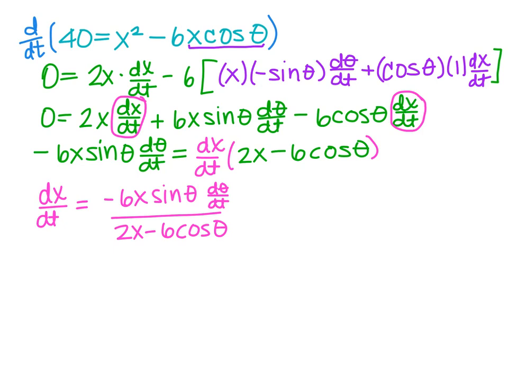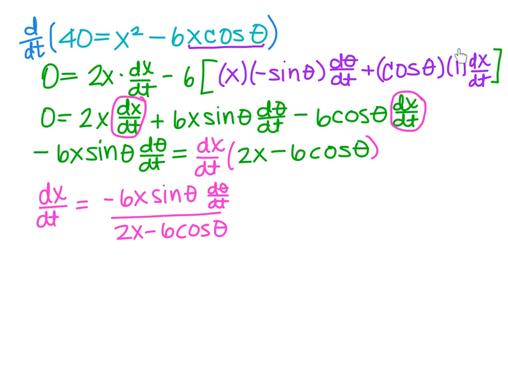First things first, I wanted to walk you through how I approach the derivative process here. I can take the derivative of 40, that's 0, and x squared is 2x times dx over dt. Then for this bit here, I'm going to pull out a 6, and I'm going to need the product rule here. So that's x times negative sine theta times d theta over dt plus cos theta times 1 times dx over dt.